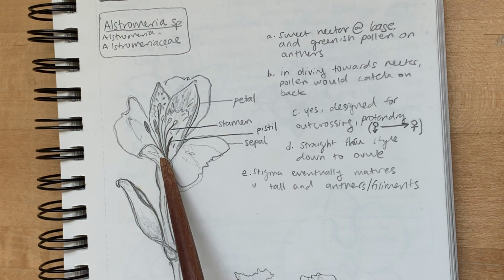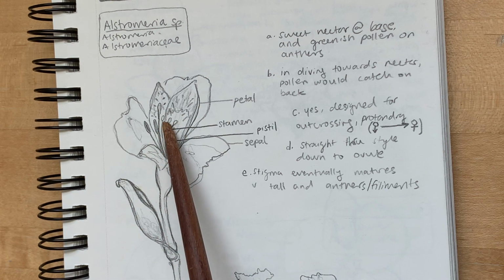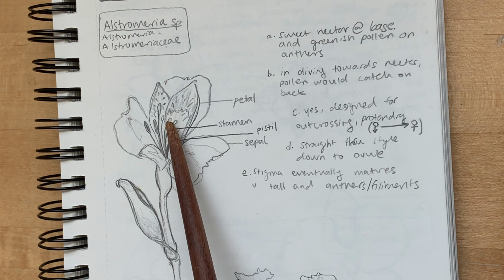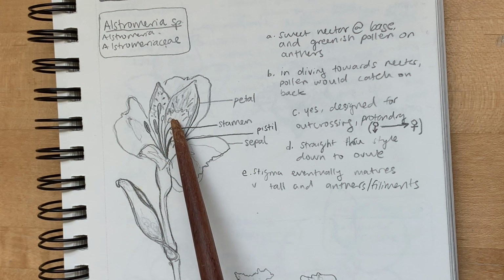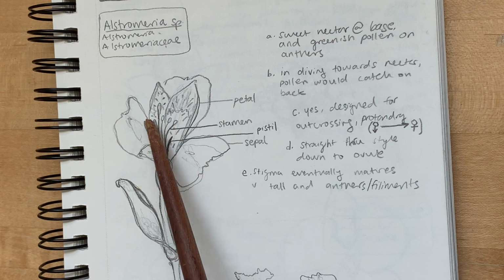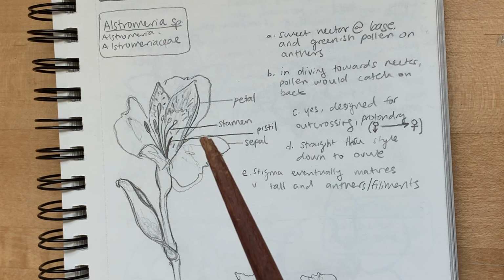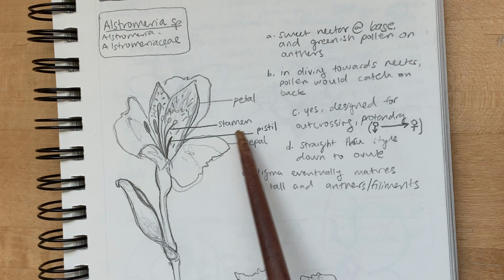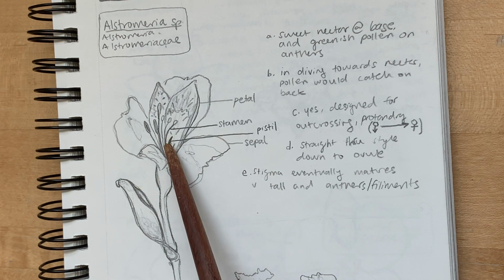We have the stamen, which are these long stalks here that tend to have pollen at the top of each stamen, and the pistil down below.